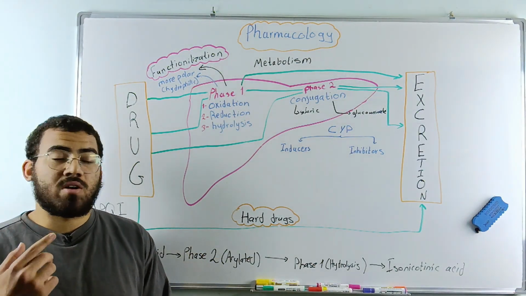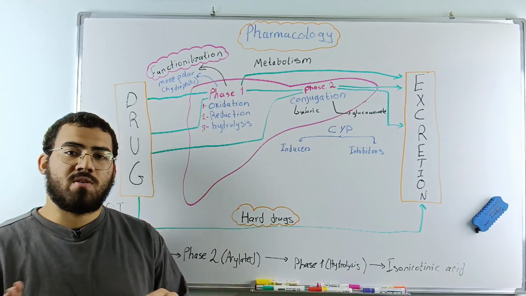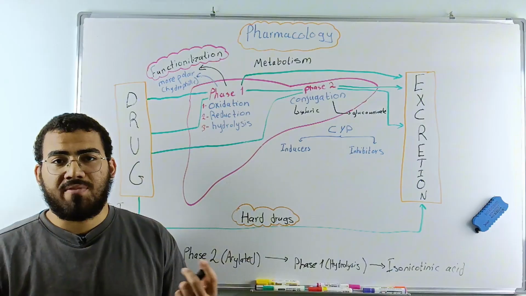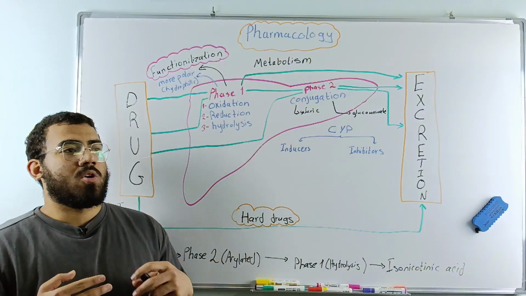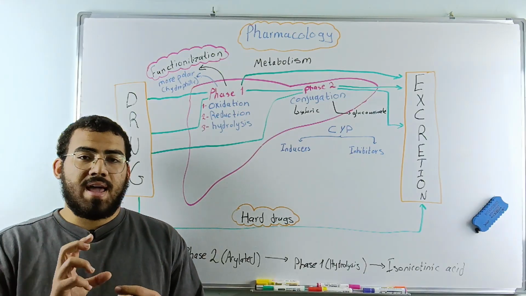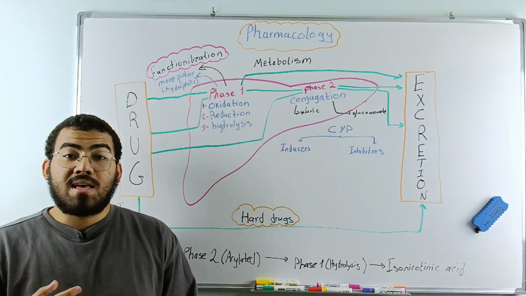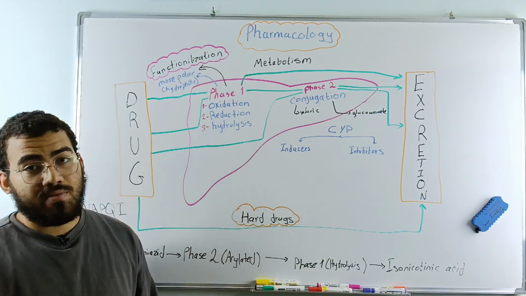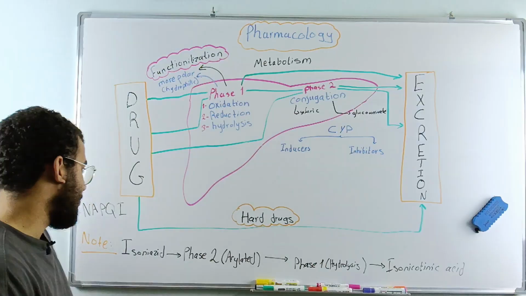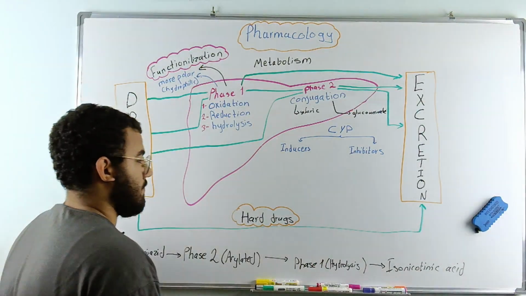There's something in pharmaceutics, which is the science of making and manufacturing drugs, called a prodrug. A prodrug is when you administer a drug in its inactive form and inside your body, by metabolism, it gets activated. These are called prodrugs, and an example of prodrugs is a drug called enalapril.